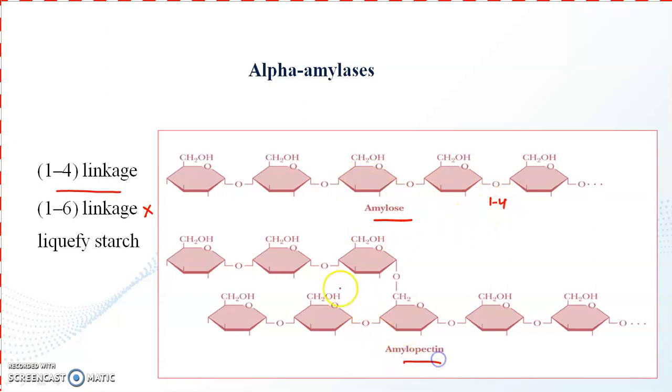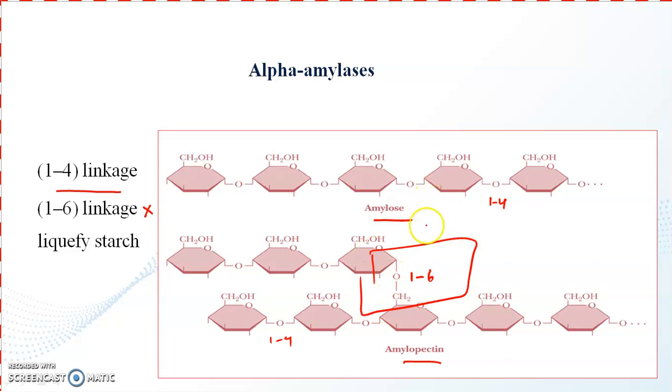The second chain is branched, which is amylopectin, having the 1,4 linkage as well as the 1,6 linkage. So this alpha amylase will be capable of breaking down the 1,4 linkage only, but it will not be able to cut this bond.